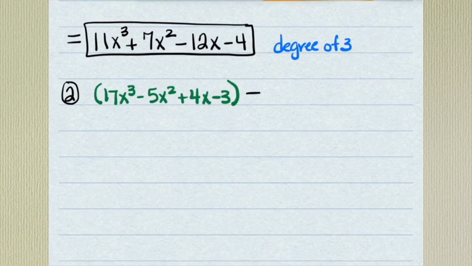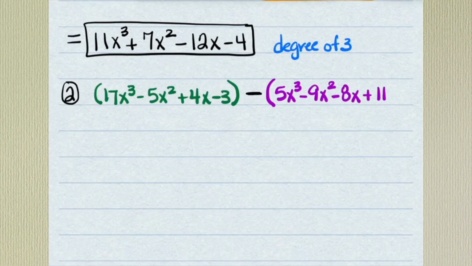We're going to subtract that with 5x cubed minus 9x squared minus 8x plus 11.